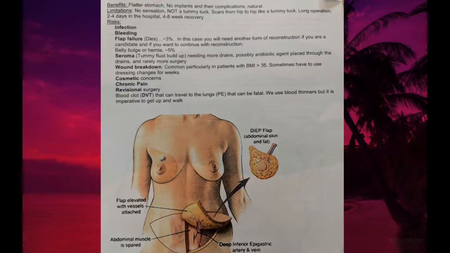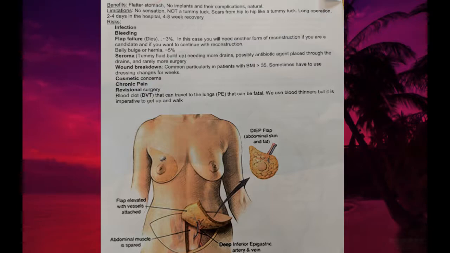But every surgery does have its risk, and that is a question that you need to ask your doctors when you are talking about what kind of reconstruction, if you choose reconstruction, you're going to have. Some women don't choose to have reconstruction, and if it's not something that's important to you, I don't see any reason why you should have to have it if you don't want to.